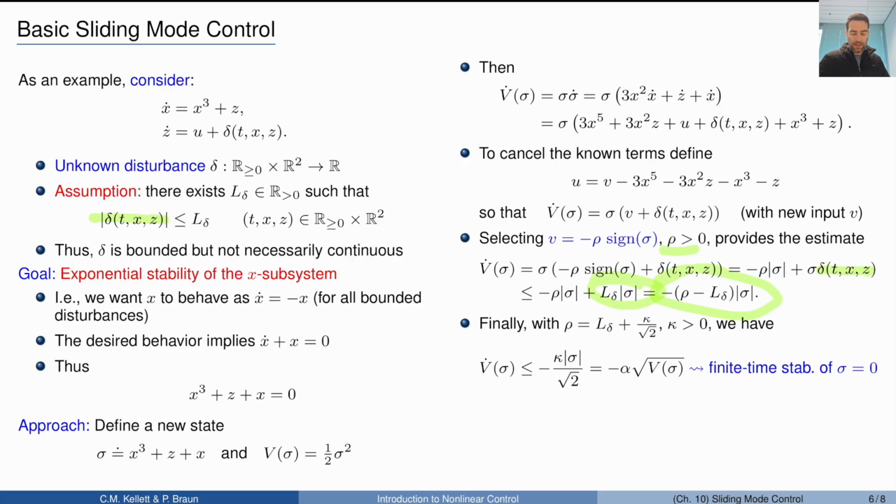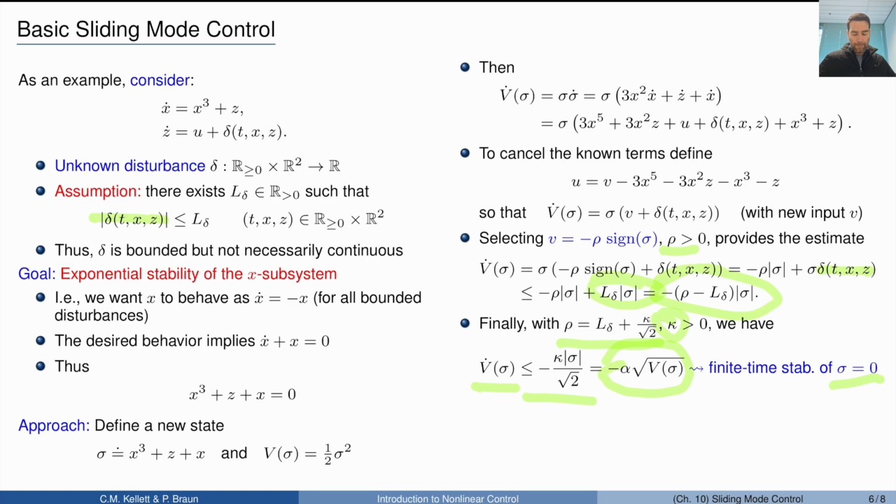So we can define that in a particular way, where we again leave kappa as a degree of freedom, and then the previous expression simplifies to v dot of sigma is less or equal to minus kappa times the square root of 2 times the absolute value of sigma, which allows us to capture this in terms of the function v, and provides us with now a certificate for finite time stability of sigma.